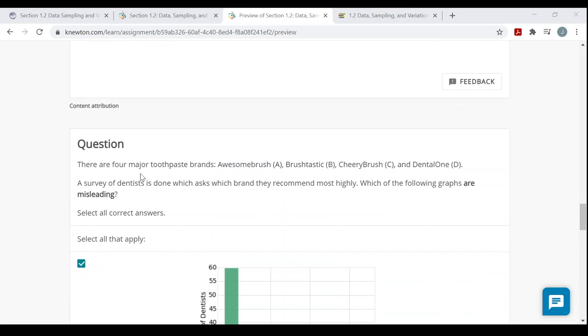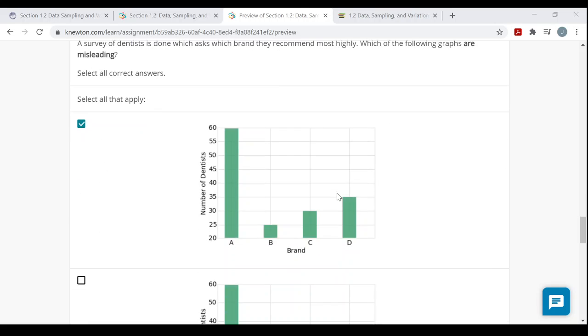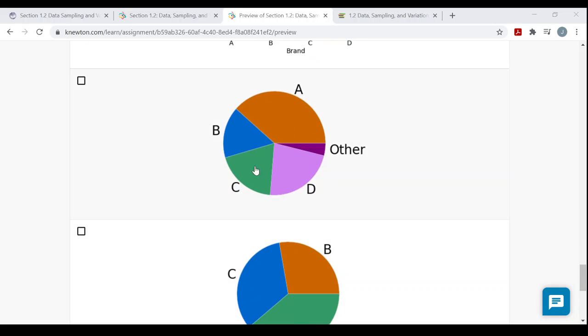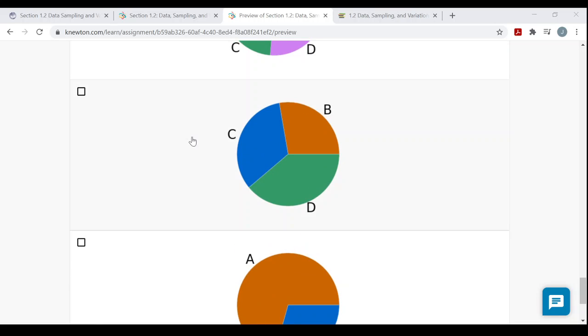They just say there are 4 major toothpaste brands. And if dentists are asked which brand they recommend most highly, they could say other. And all four brands are represented. I would say at the moment, I may be wrong, but that this is not a misleading picture. Usually the percentages are mentioned in a pie graph, but let's say that's good for now.